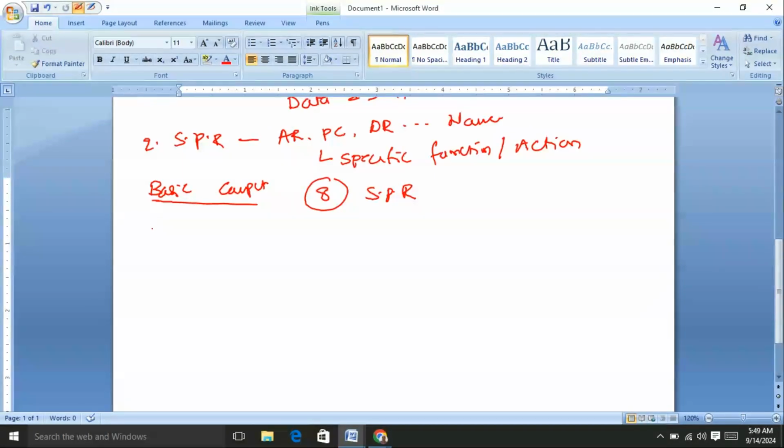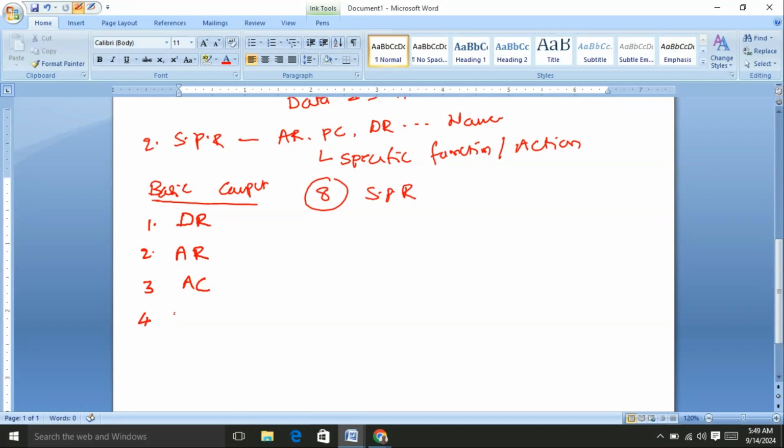The first one is the data register, simply represented as the DR. The second one is the address register, AR. The third one is the accumulator or processing register, represented as AC.